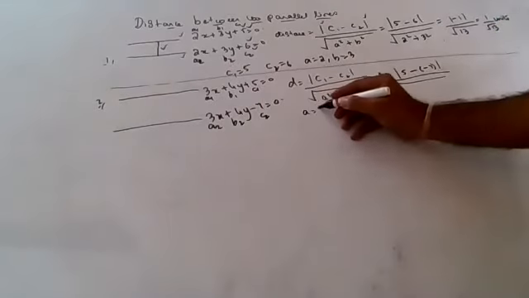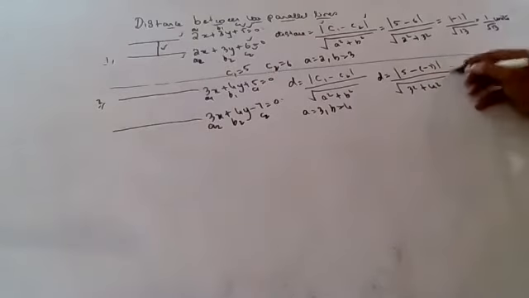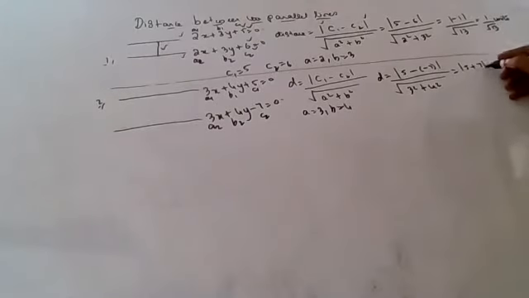In both cases, A is 3 and B is 4. So root of 3 square plus 4 square. Modulus of 5 minus of minus 7, that is 5 plus 7, by root of 9 plus 16. 9 plus 16 is 25. So the answer, if you remove the modulus, is 12 by 5.